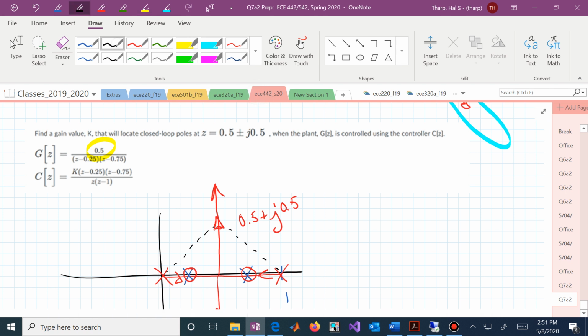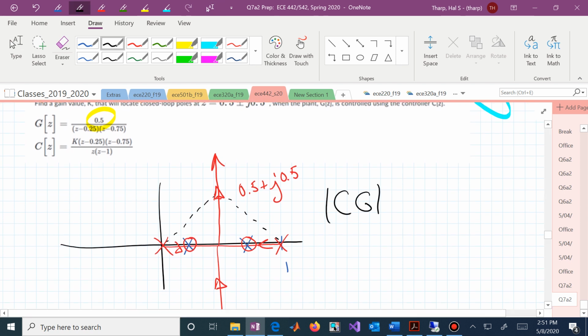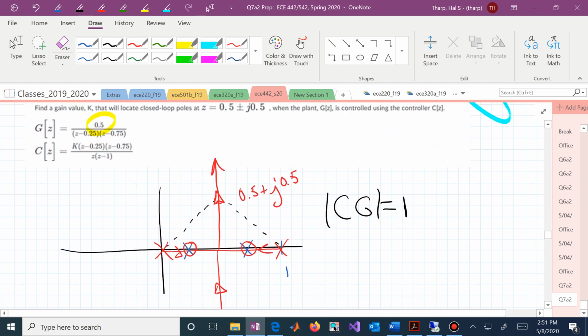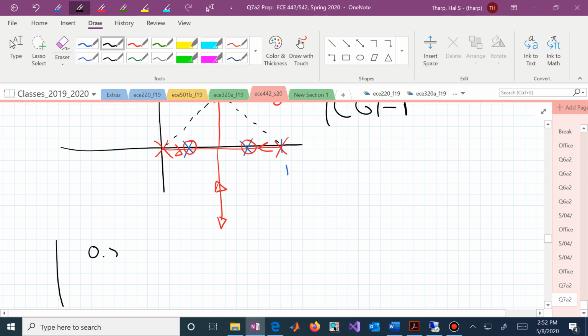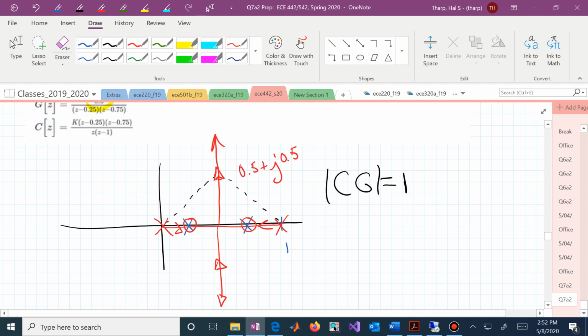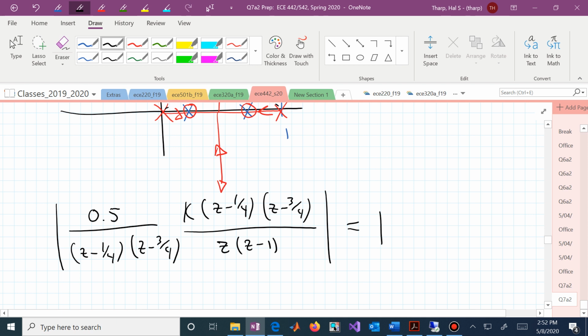So in this case, we can now find the k to get us to that point by using our magnitude condition. In this case, we now have 0.5 over, that's our plant. We have a controller whose zeros cancel the plant poles, but that's allowed since those cancellations are occurring inside the unit circle.